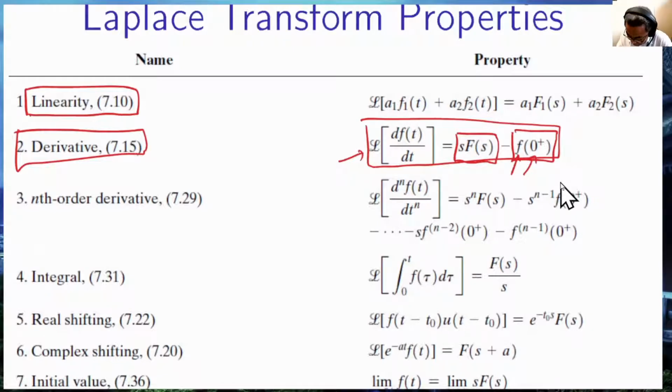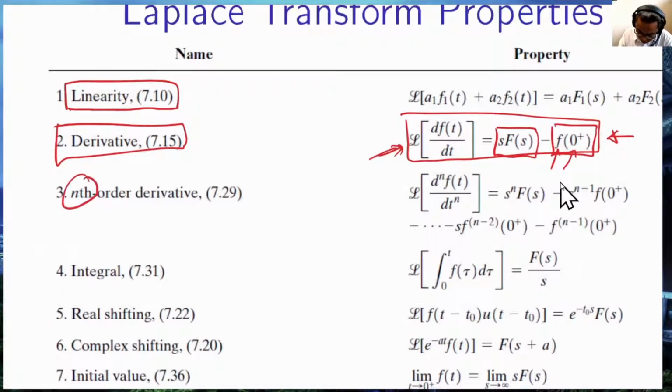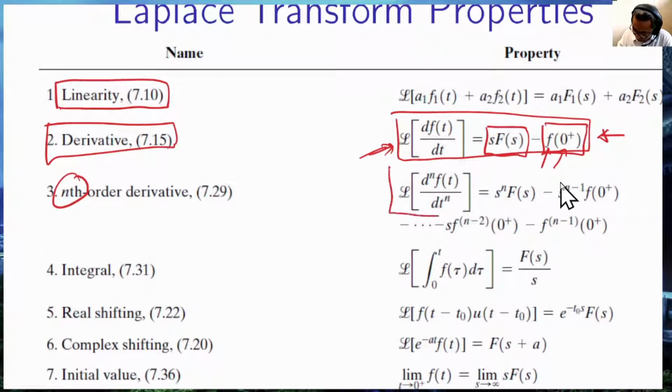So we convert a differentiation, or differential equation, into an algebraic one. That's the cool idea. That's the first derivative. If we have an nth order derivative, then we have this expression over here.